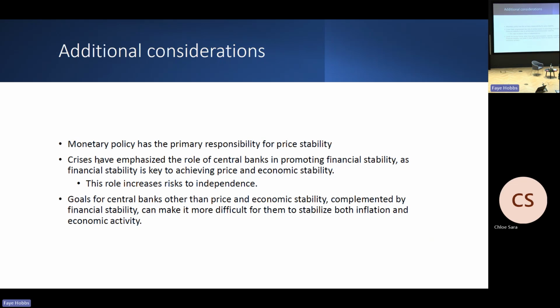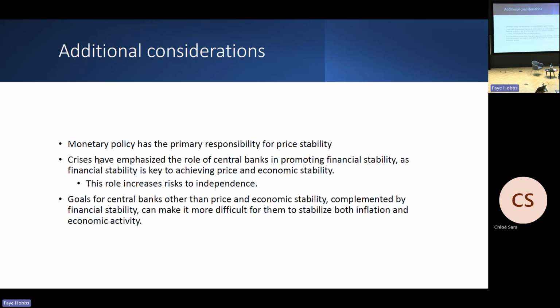But in the work, we also review a lot of the literature that notes that making this effective requires good institutions, and there are arguments that adding mandates, including greater roles for financial stability, to central banks can pose risks to their independence.